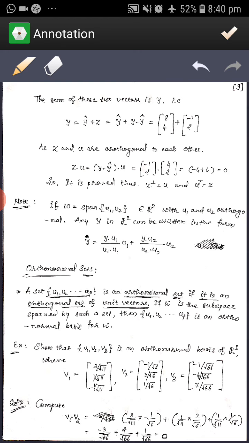We know y cap and we know y minus y cap, which we calculated previously, so we know what y is: the sum of the two components, y cap and z.